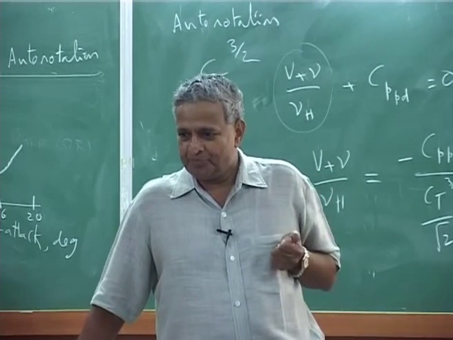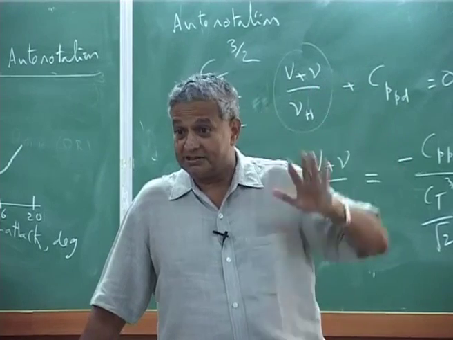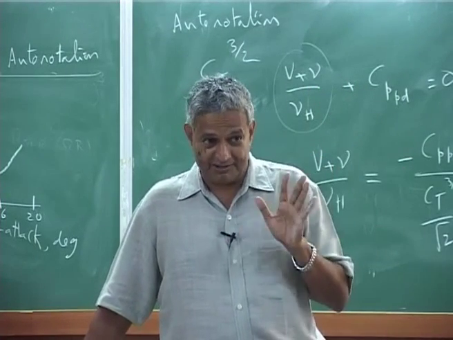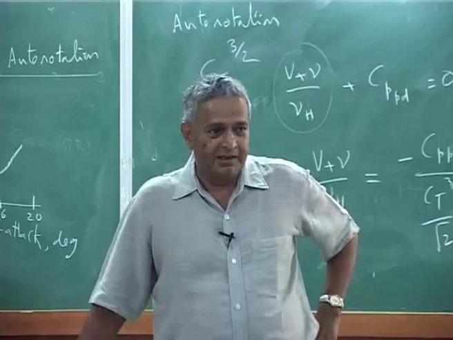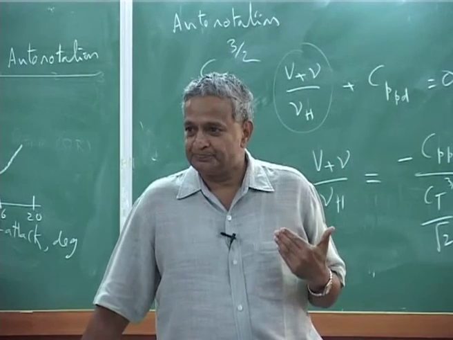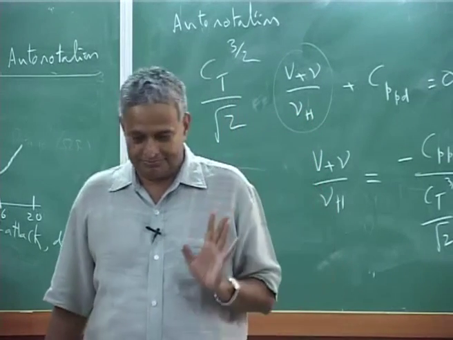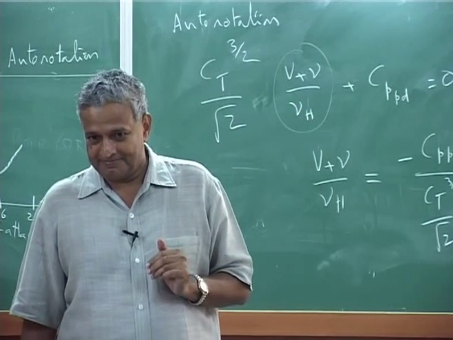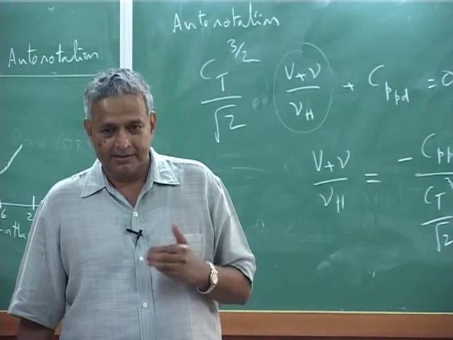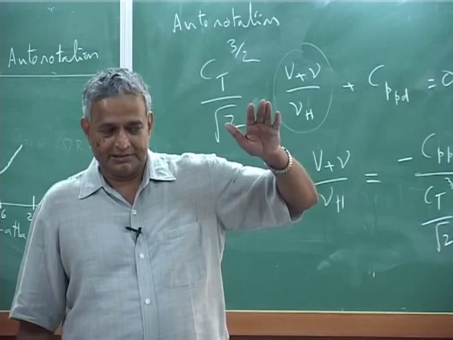The blade is operating at a particular pitch angle, please understand, pitch angle, not angle of attack. Now, engine failed, he has to autorotate. What pitch angle should he have? If he has a larger pitch angle, the drag will be higher.